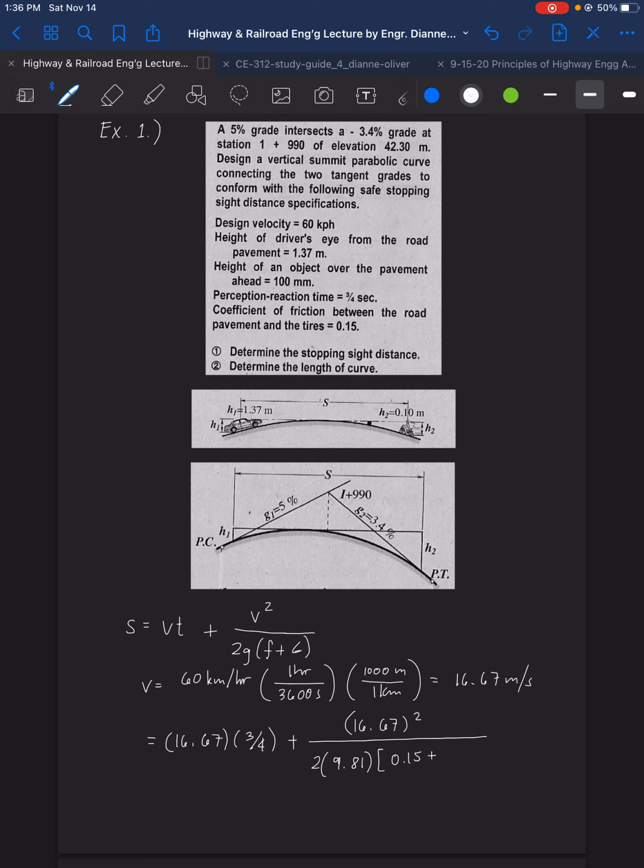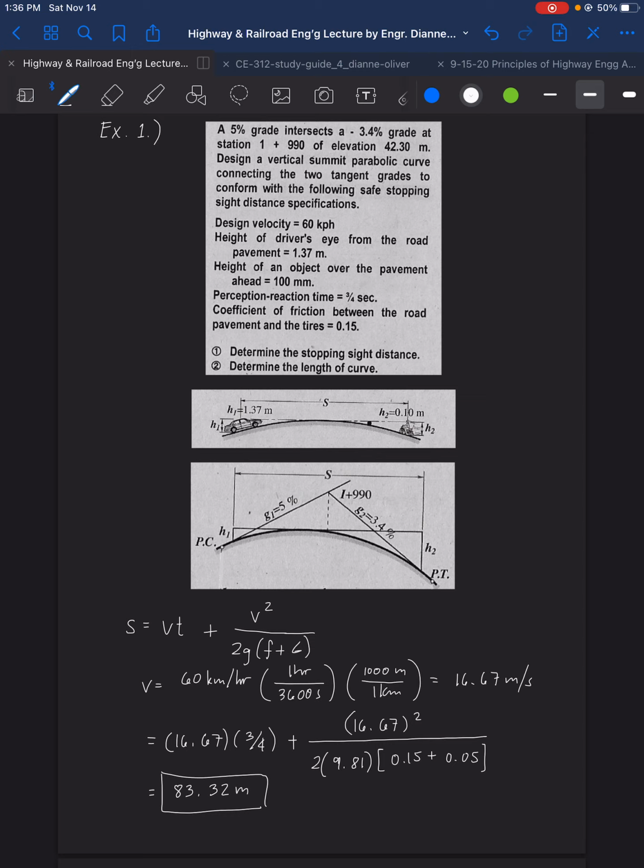We will be using the first grade that it encounters, which is the 5%, so 0.05. Using our calculator, the value becomes 83.32 meters. So that is the stopping sight distance.